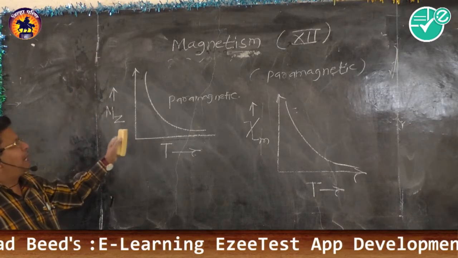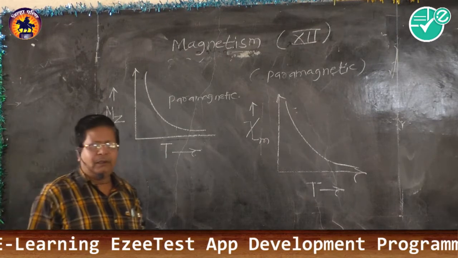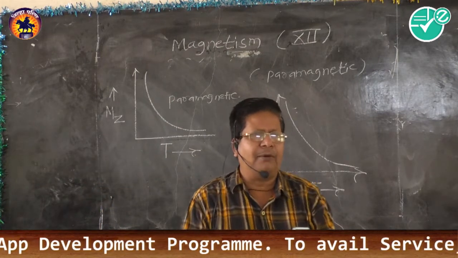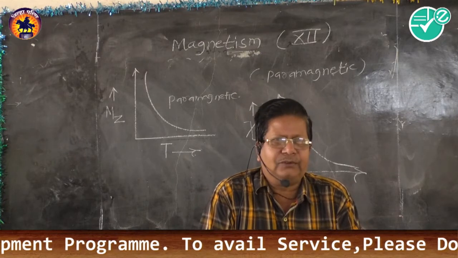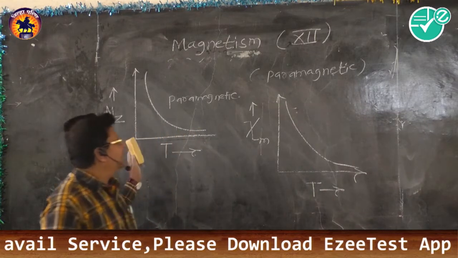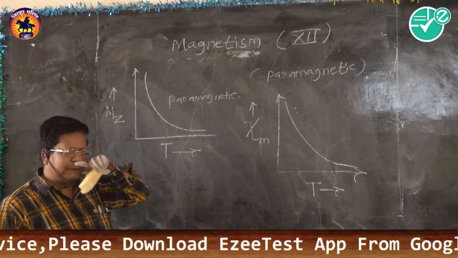So the nature of the graph of Chi-M versus T and the graph of Mz against T are the same.